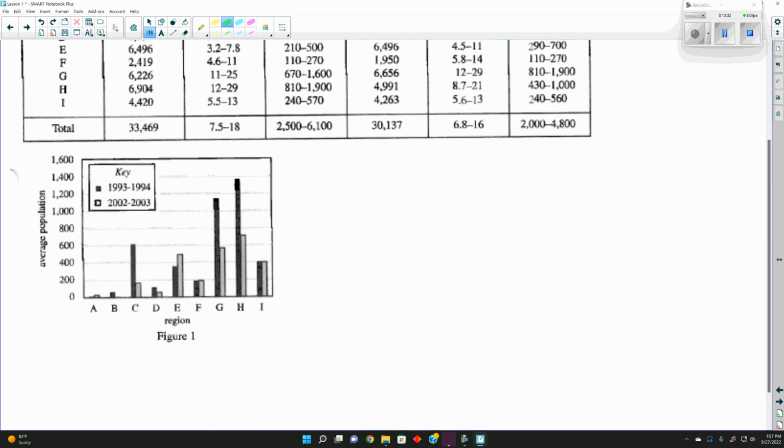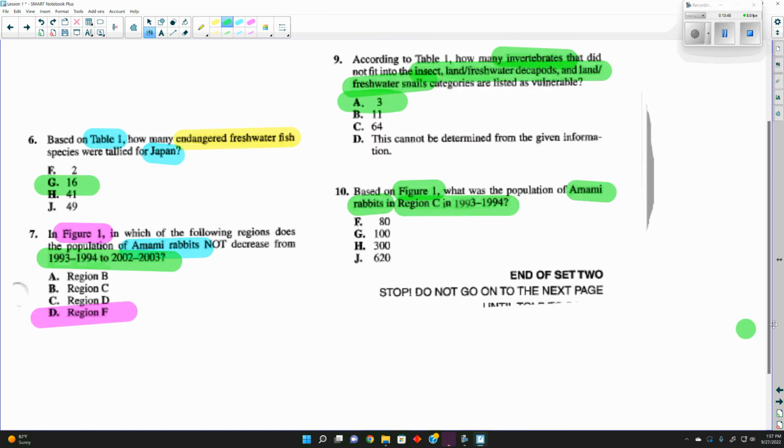So we have this here, Amami rabbits C 93 to 94, and that is J, because it looks like 600, yes? Yeah. Well, the only answer that fits that is 620. Questions on any of this here?